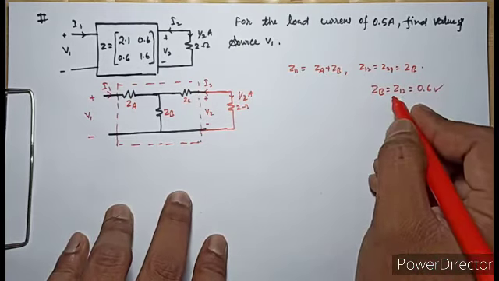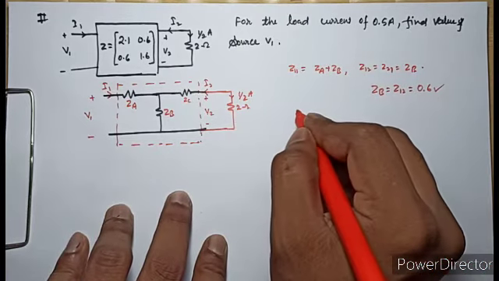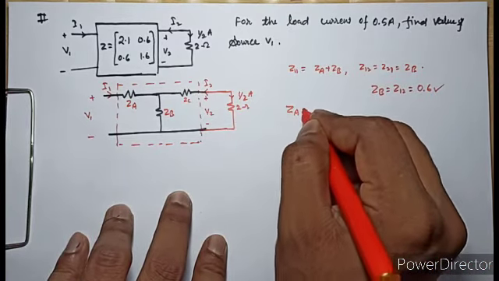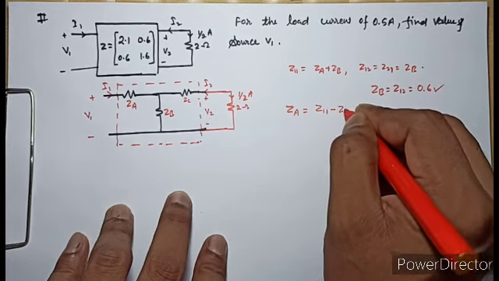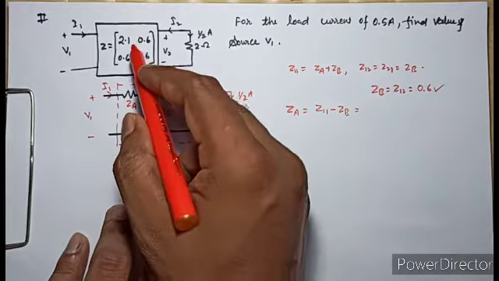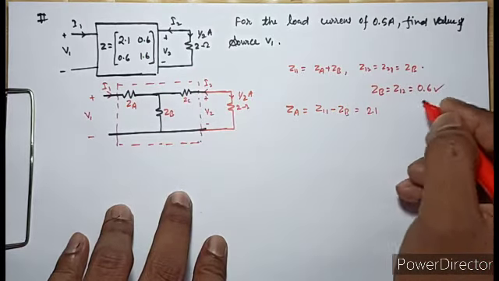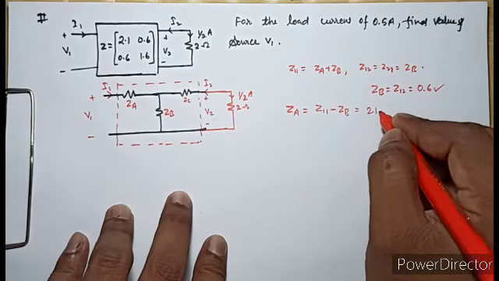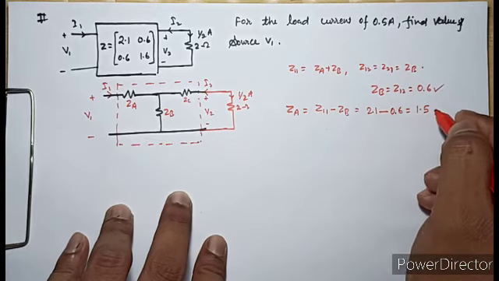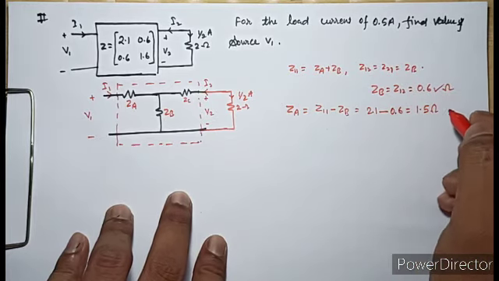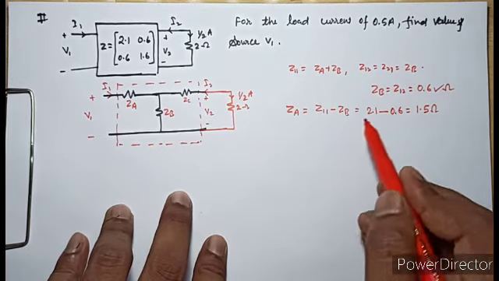Right? Now putting this ZB here, our ZA is what? Z11 minus ZB. Our Z11 is 2.1, and ZB is 0.6. So it is 1.5 ohm, right? We calculated ZB and ZA.